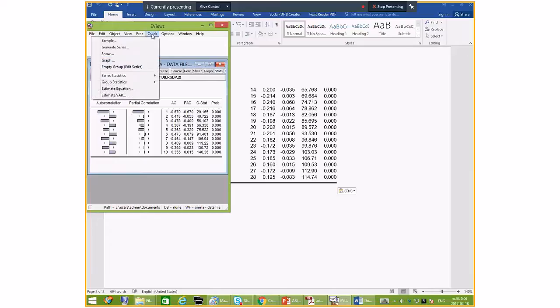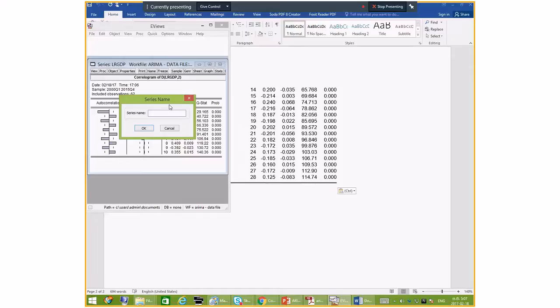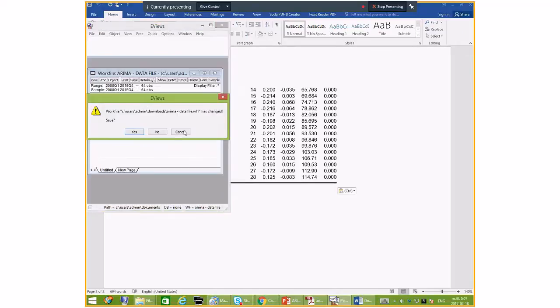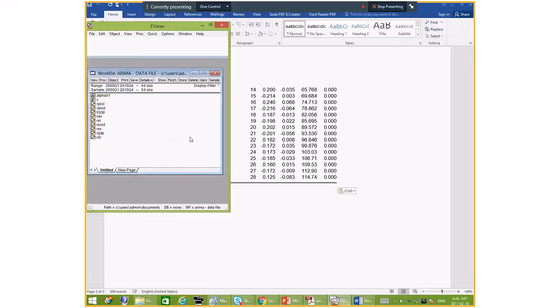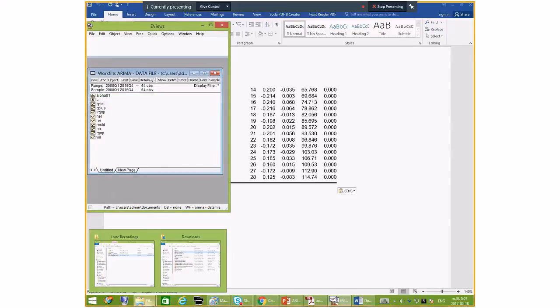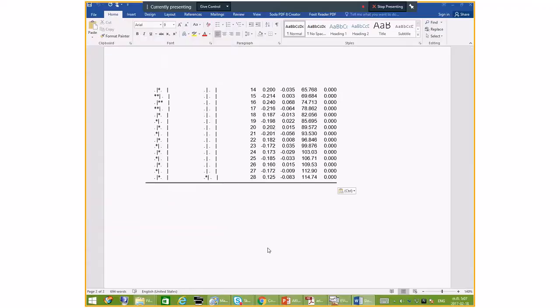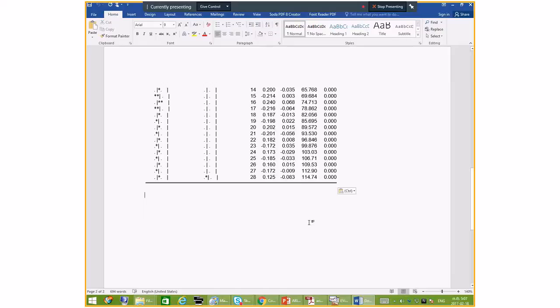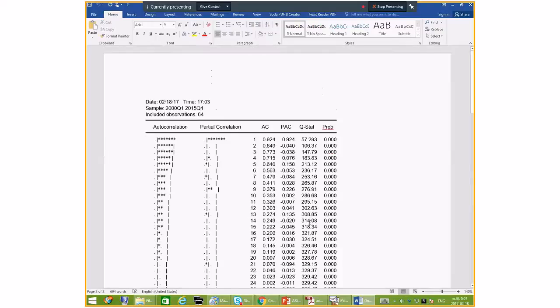Let's see the quick correlogram of LRGDP. Right, anyway, assume that the series are stationary, then follow the next step.